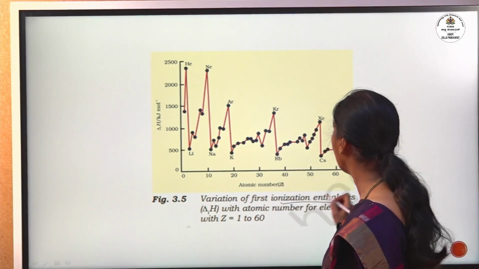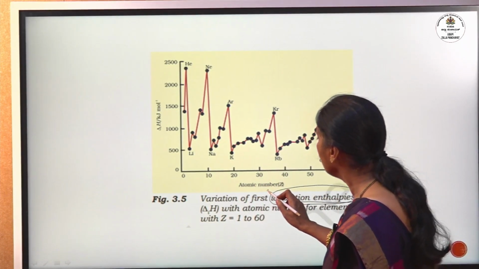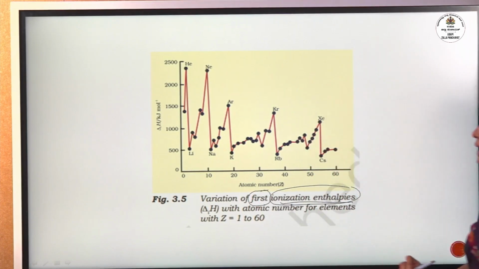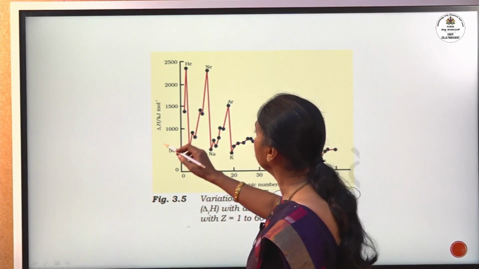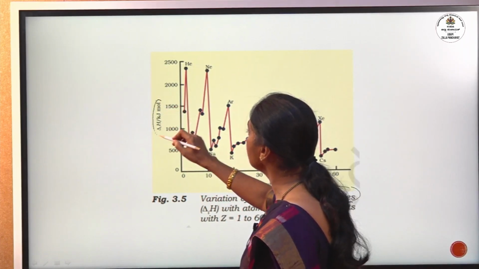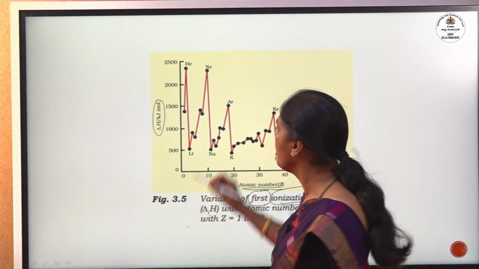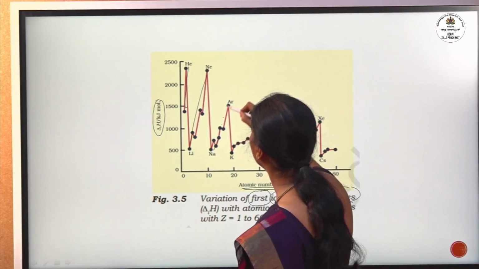Now, this is the diagram which shows variation of first ionization enthalpy, where an ionization enthalpy versus atomic number graph is drawn. This is the first period, we have the second period, third period, like that.